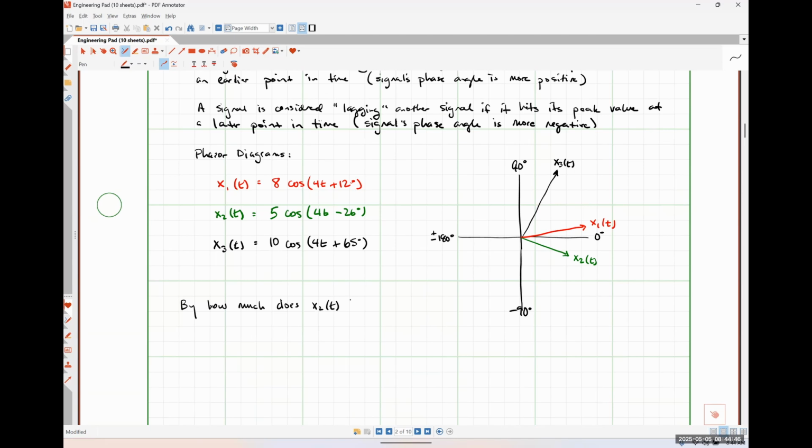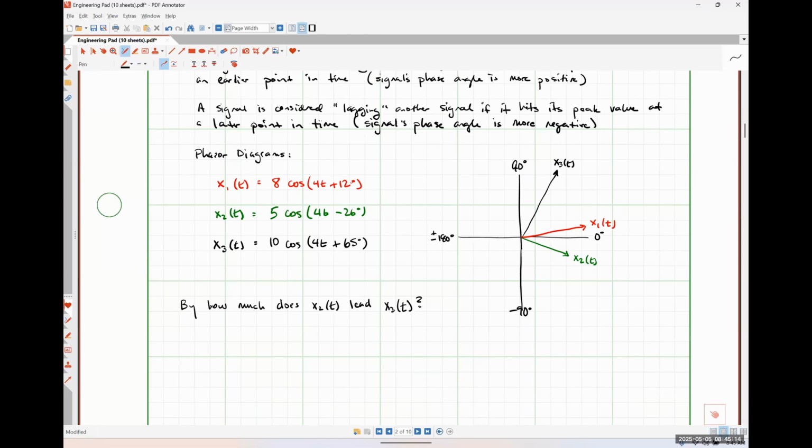Lead. And let's see, Caitlin, pick X1 or X3. Just completely arbitrary. X3. So by how much does X2 lead X3?